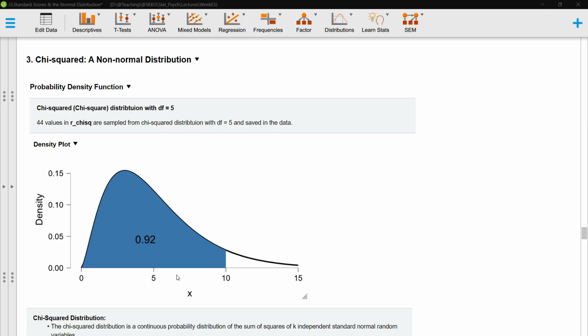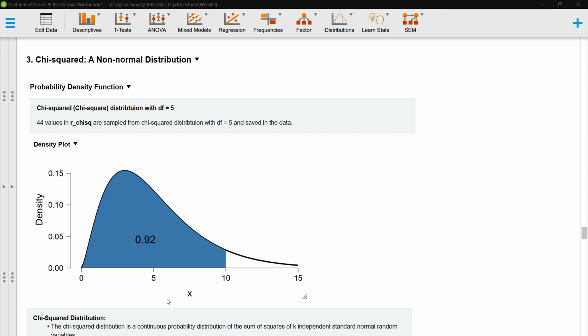This is an example of the chi-squared distribution with df equal 5. df represents the degrees of freedom, and it is just like the mean and the standard deviation for the normal distribution. The degrees of freedom determines the location, the scale and the shape of the chi-square distribution, and it has just a single parameter. This single number determines everything about the distribution.